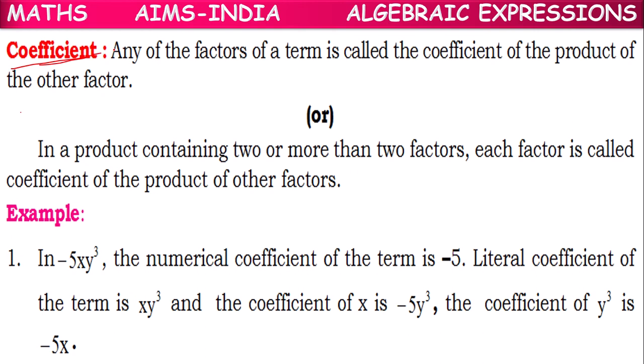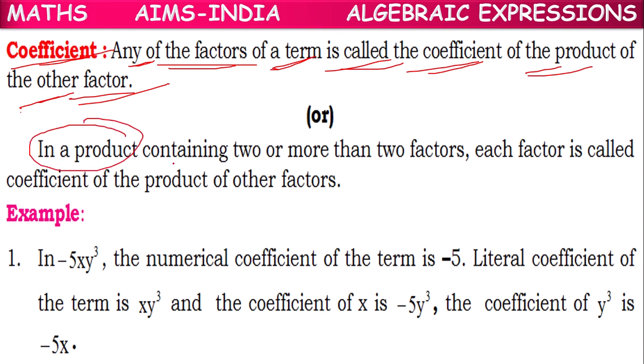Next one, we have coefficient. Any of the factors of a term is called the coefficient of the product of the other factors. Or let's see another definition.